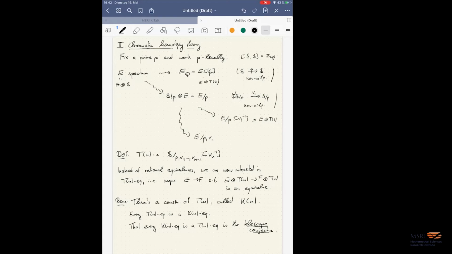So this is, I think, one can say one of the most important open problems in chromatic homotopy theory besides concrete calculations. But it has been solved in a number of cases.